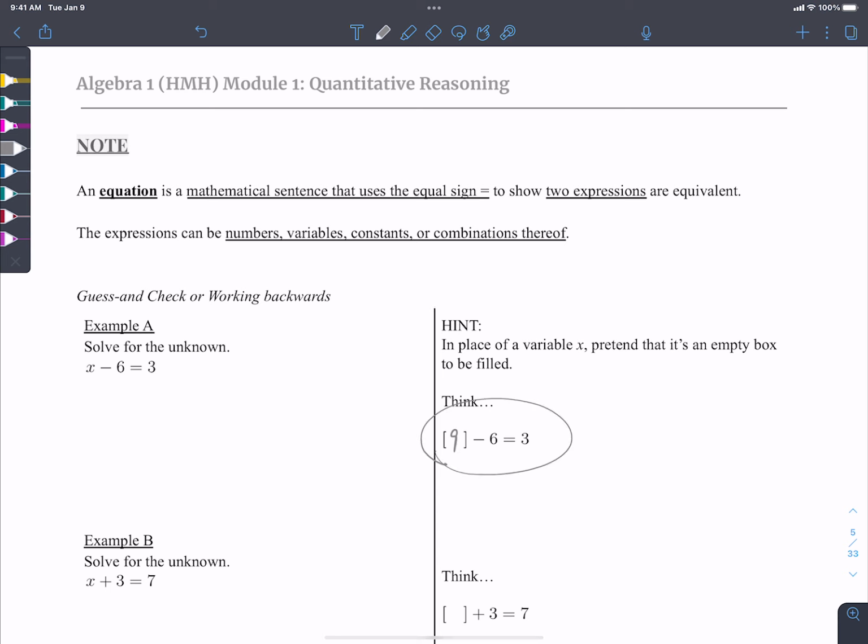But the questions will be given to you in terms of x minus 6 is 3. So you're thinking x is what minus 6 is 3, and you're thinking that's 9. Then we say x is equal to 9. Let me use a different color. x therefore is equal to 9.